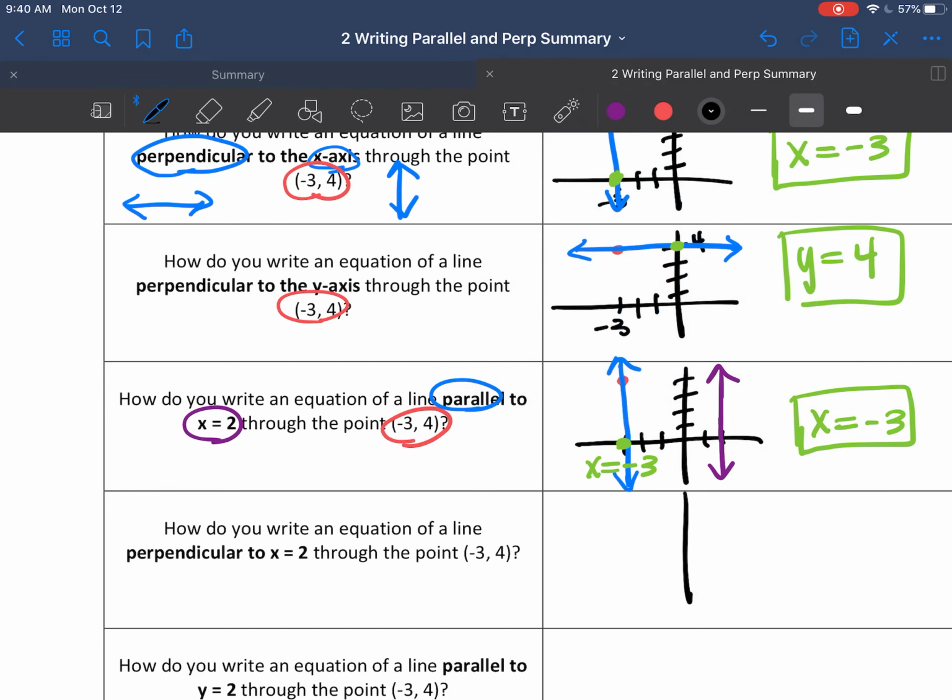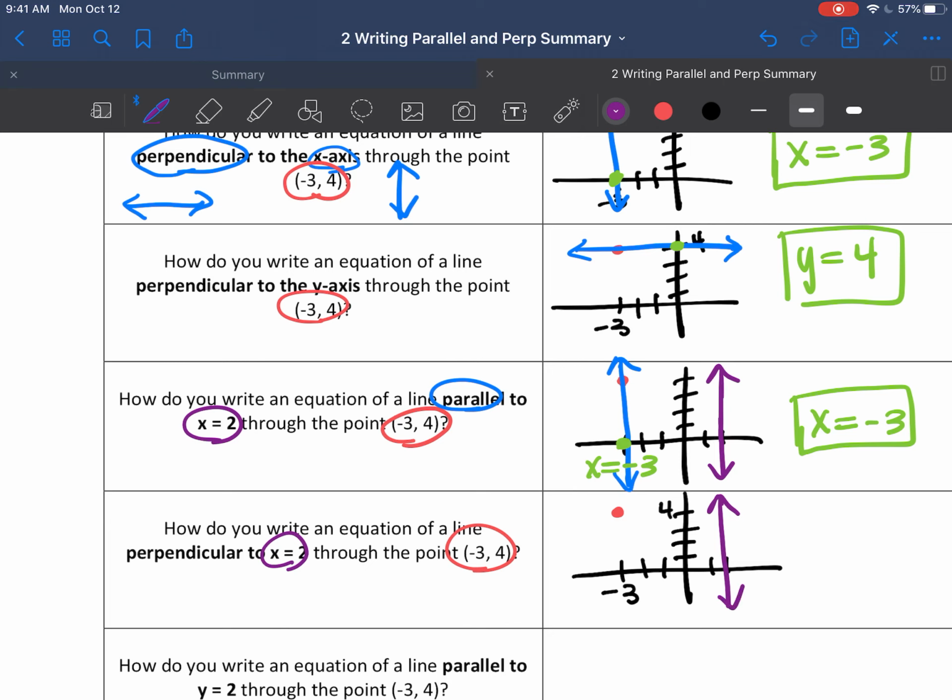Okay, switching colors all over the place. Still -3, 4. Just as an example, they're going to switch that point all the time. But for your examples, I just wanted to keep it consistent. So we're going to plot that point. And then still x equals 2.